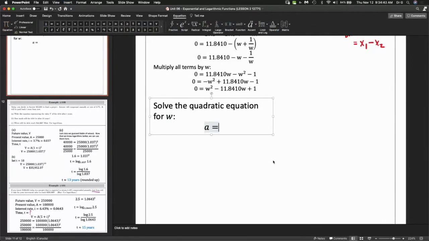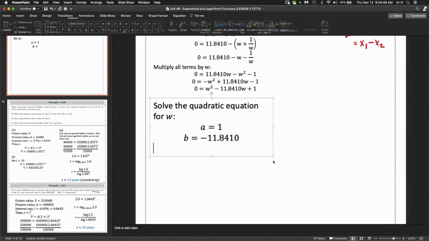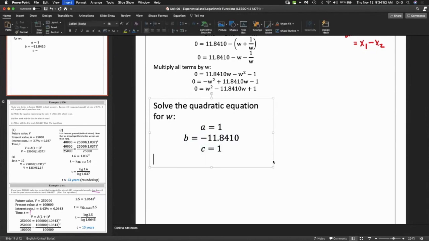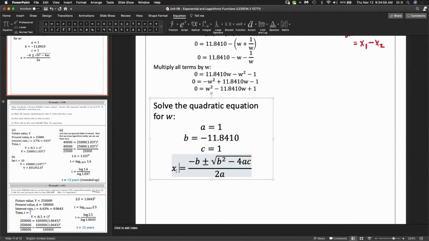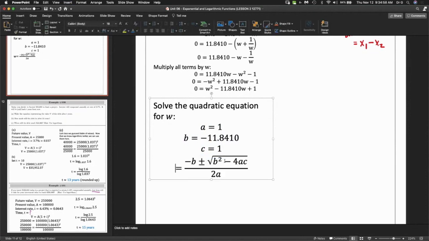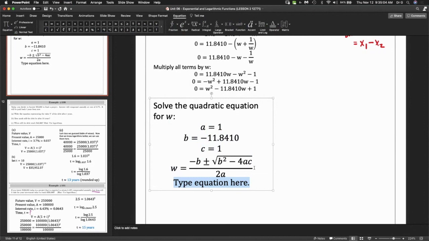So A is 1, B is -11.8410, C is 1. Then you can use the quadratic equation here. I'm not going to show these steps if you don't mind. I think that this is something that you should be better with now, especially after the midterm.